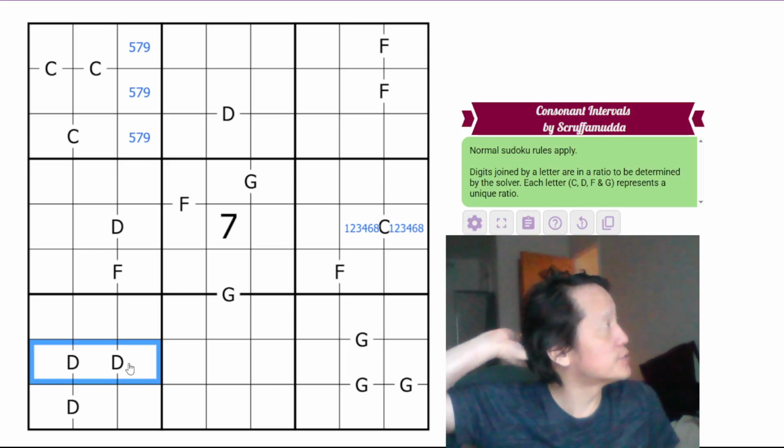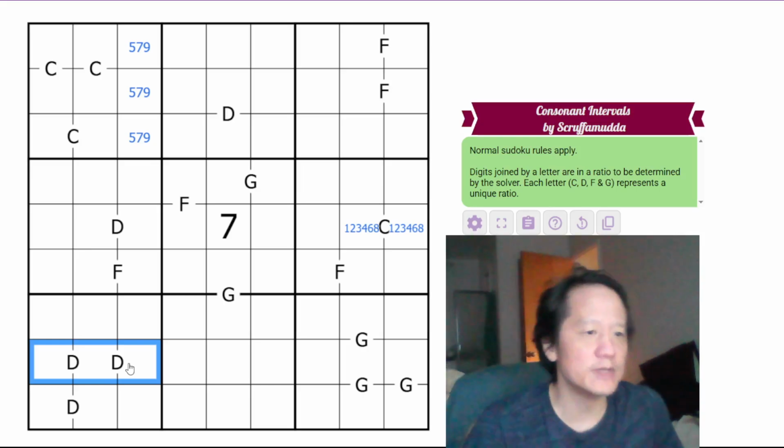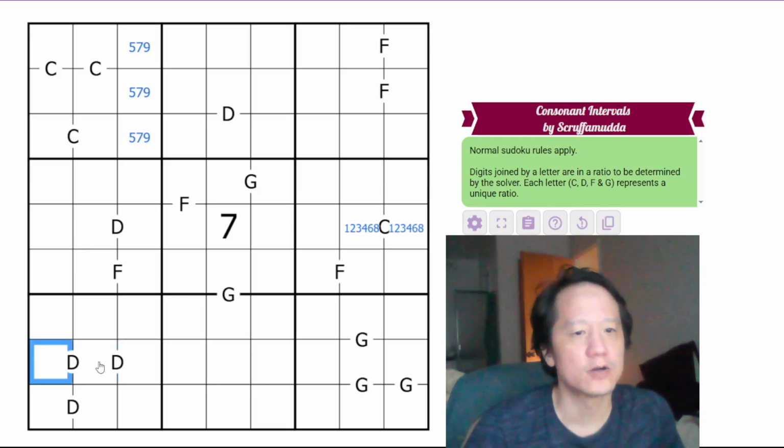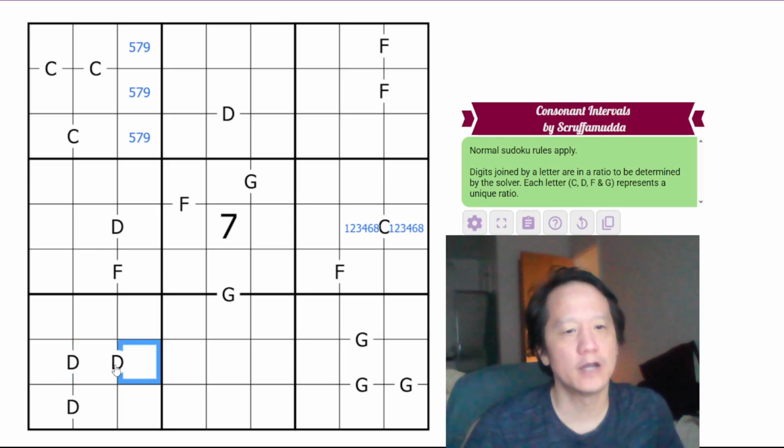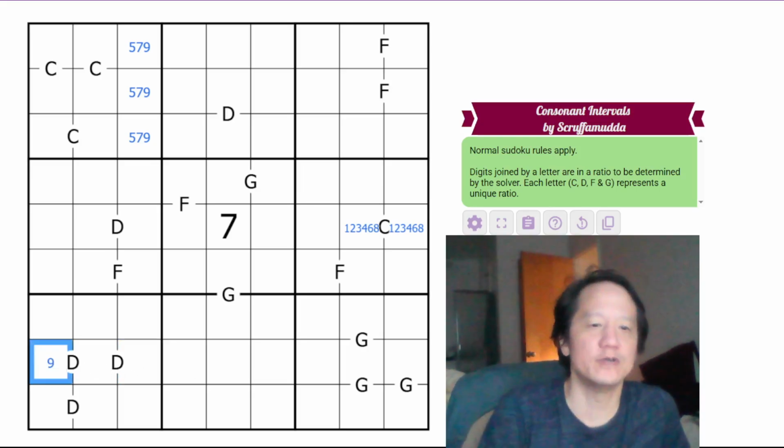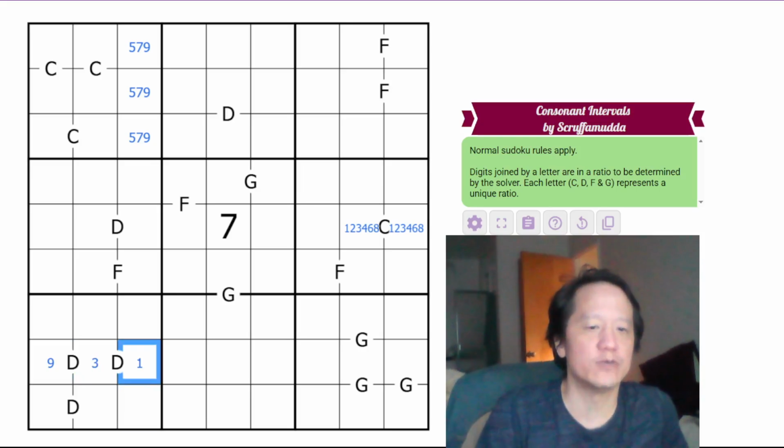If D is 3 to 1, that means this is 1, 3, and 9 here, right? So 9 could not be here. 9 would have to be here. This would be 3, and that would be 1. The other 1 to 3 ratio would be 2 and 6, so that would be 2 and 6 there. So that's if D is the 1 to 3.